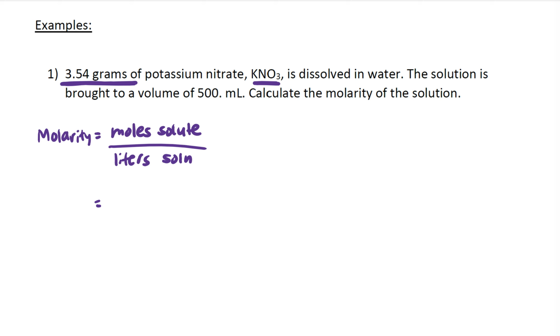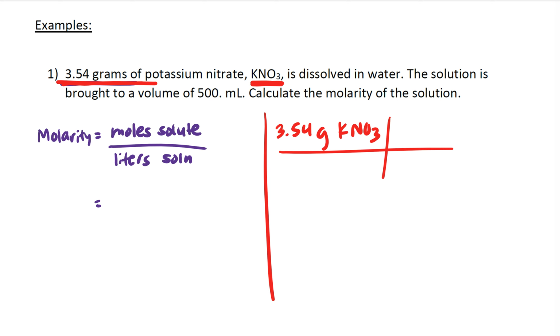So my first task would be to take these 3.54 grams of potassium nitrate and convert that into moles of potassium nitrate. So off here to the side, I'll take those 3.54 grams of KNO3, do a little dimensional analysis, and convert this into moles of KNO3.